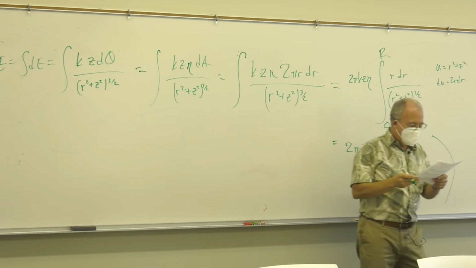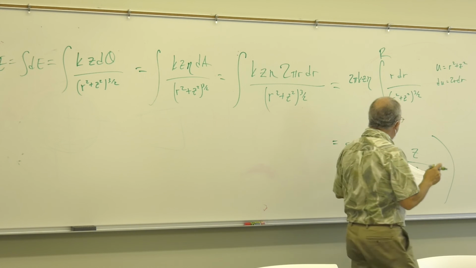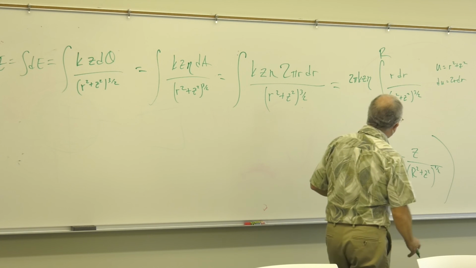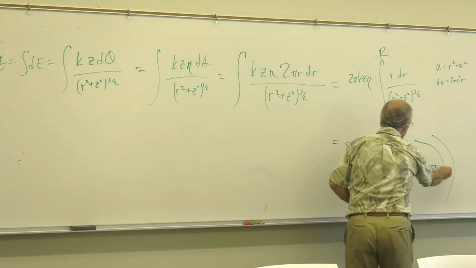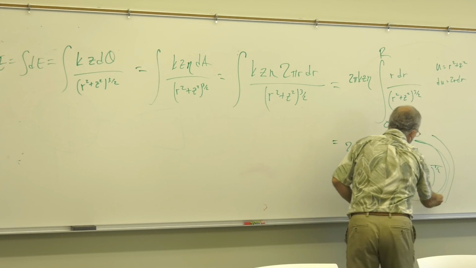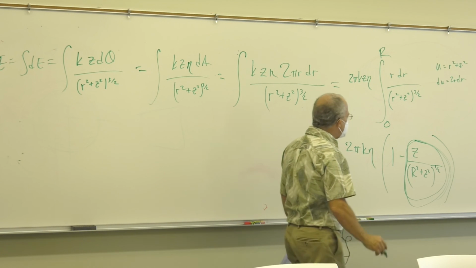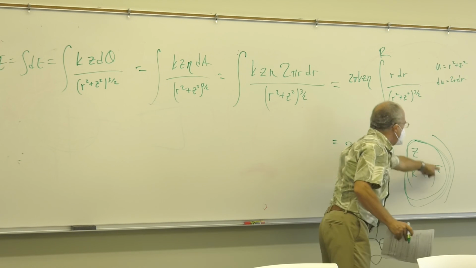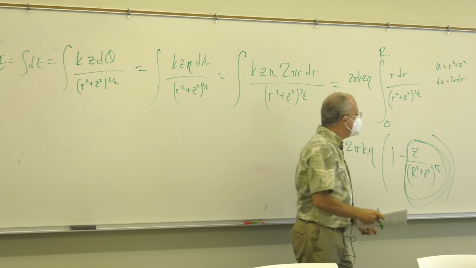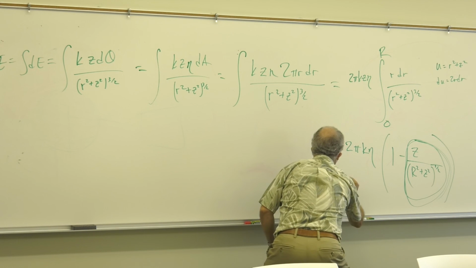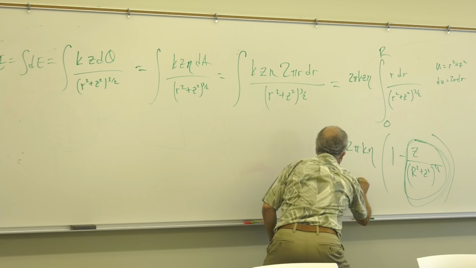Everybody agree? Okay, so look, life is so good. We don't have to do all that fancy stuff that I always do. Just look at it. If big R is tons bigger than z, what is this fraction going to be? 0. So therefore, what's the answer? 2 pi k eta.